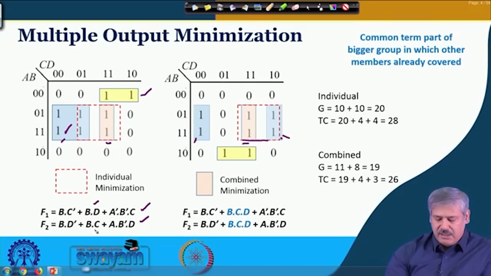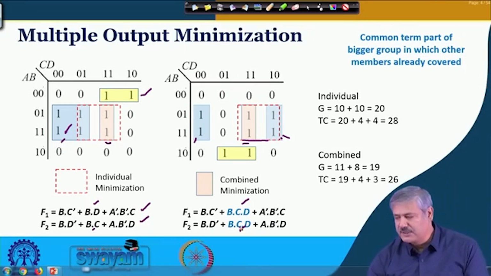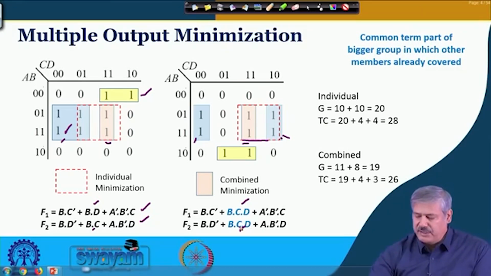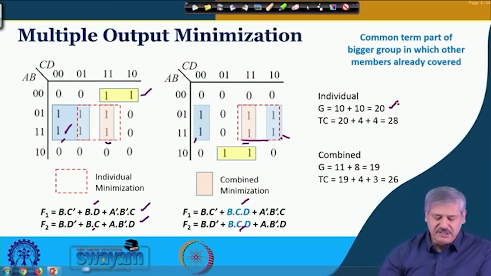One is B D, another is B C over here. Rather, you can generate only one term, B C D, which can be shared in both places. Okay. Does it help in any way? We can see that it helps in the manner depicted here. If you go for individual minimization, 1, 2, 3, 4, 5, 6, 7 and 3 terms, 10, and similarly the other one is 10, so the gate input cost is 20.